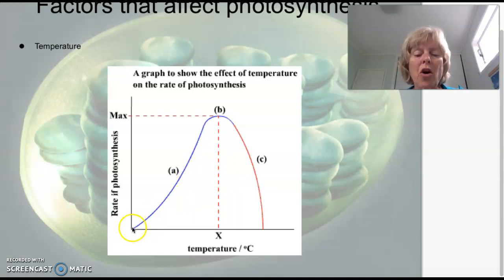So when it is very cold, which is on this side of the graph, the enzymes are very slow. The kinetic energy of enzymes and also the reactants is low, and therefore reaction rate is low. When it is too hot on this side, the enzymes denature and photosynthesis comes to a complete halt.